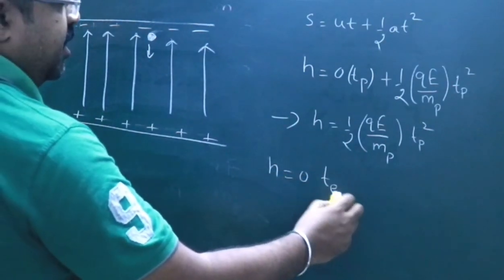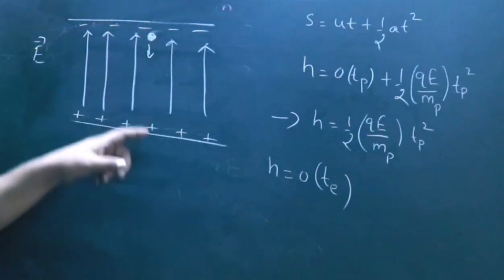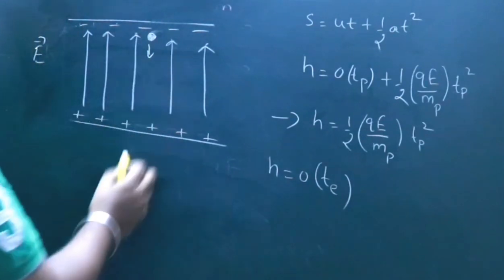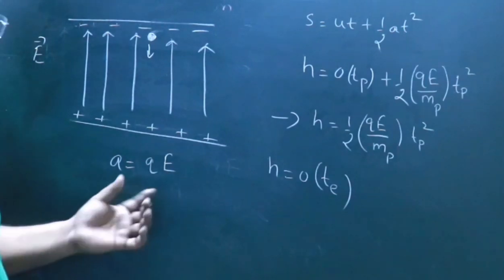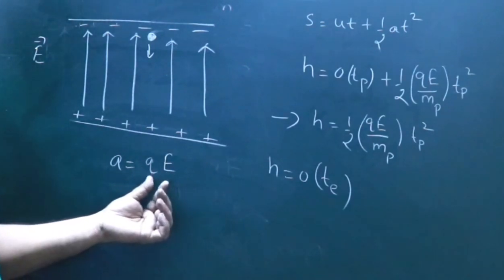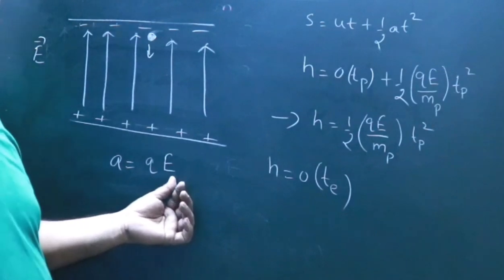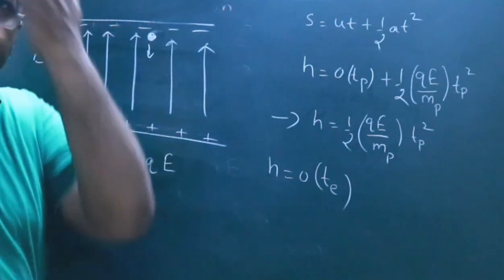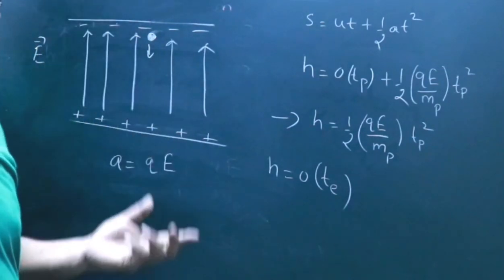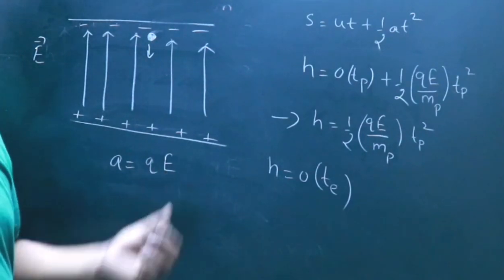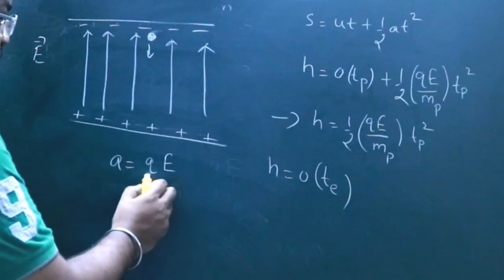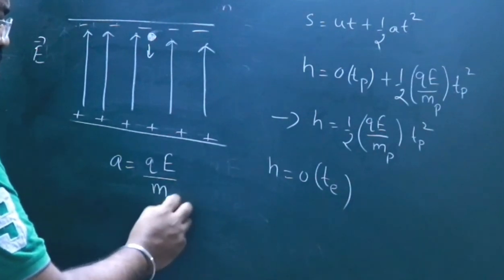Okay, so now for the electron, similar to the earlier equation, we will have H is equal to 0 times the time taken by the electron to travel from this point to this point. Now for the electron, again, the force will be Q times E. Q is the charge, E is the strength of the electric field. Now for both electron and proton, I have used the symbol Q for the charge because both have the same magnitude of charge. This is the force divided by the mass of electron.